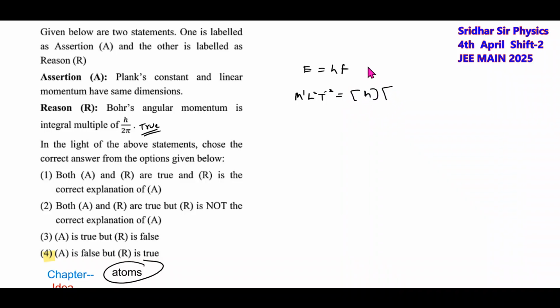Dimensions of frequency, M0 L0 T minus 1. So dimensions of h will be M1 L square T minus 1. Dimensions of momentum, mass into velocity, M1 L1 T minus 1. I think they are not the same, no? So it's a wrong statement. Assertion is false, reason is true.